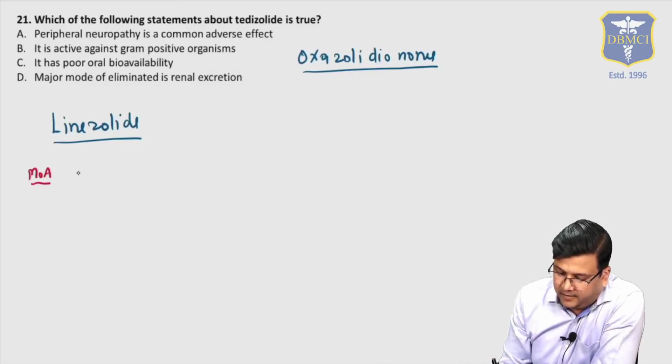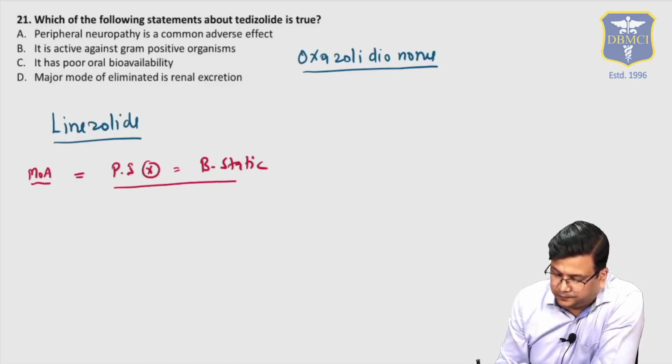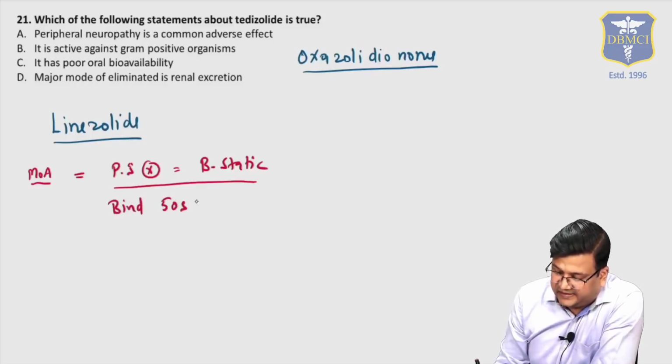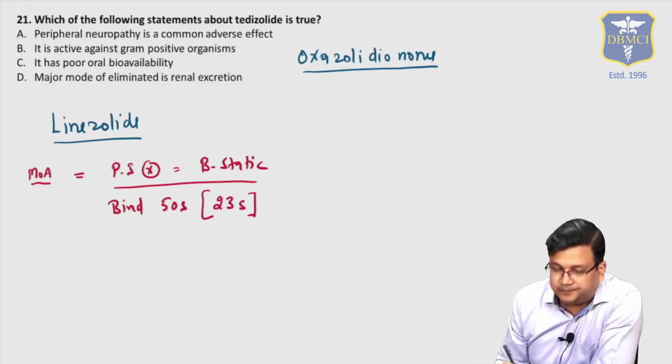Linezolid is a protein synthesis inhibitor drug. Protein synthesis inhibitors are bacteriostatic. They bind to 50S, and in 50S also they bind to its 23S part.